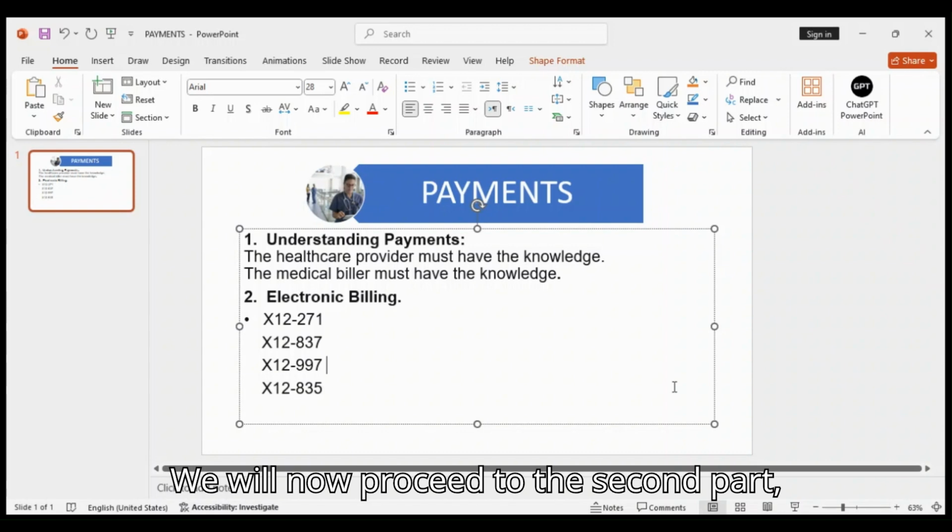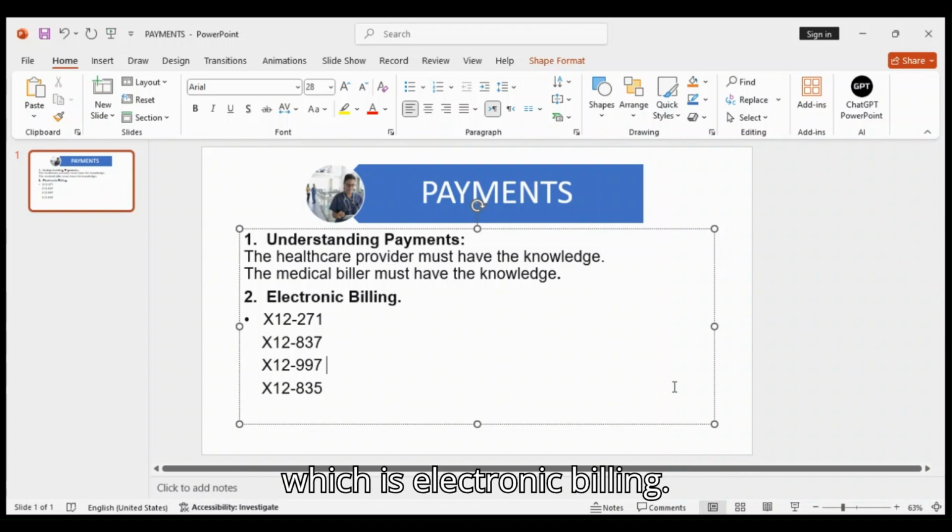We will now proceed to the second part, which is electronic billing. So, are we ready? Most billing of claims for services via electronic means is currently in practice.